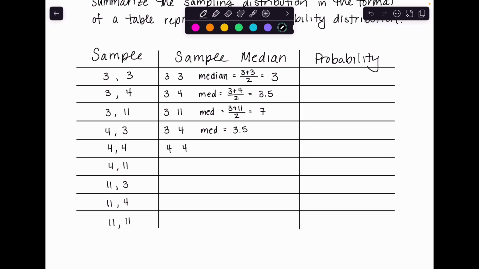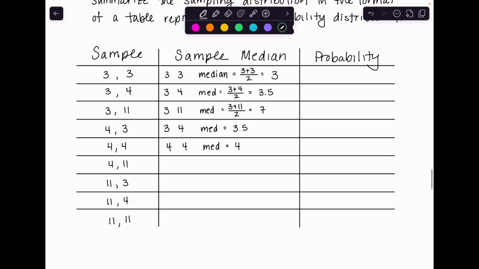When I have 4 and 4, it's the same number, so the median is 4, the one in the middle. 4 and 11, we haven't done this pairing yet, so we add them together and divide by 2. 4 plus 11 is 15, divided by 2 gives me 7.5. 3 and 11 we have already done, that is back up here, so this median is going to be 7. 11 and 4 we have done not too long ago, so this median is 7.5.